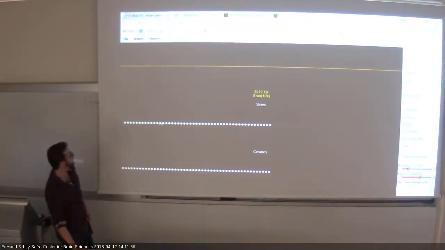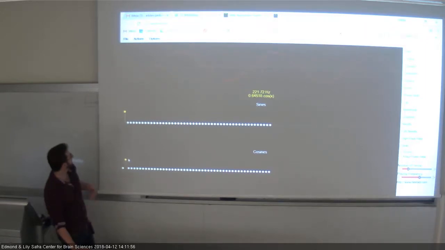So we have these series of coefficients for sines and cosines. If we increase one of them, we get a sine wave, and then if we increase the coefficient for the cosine wave of the same frequency, we actually change.